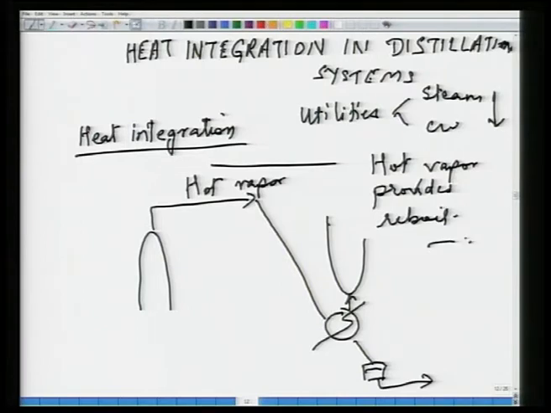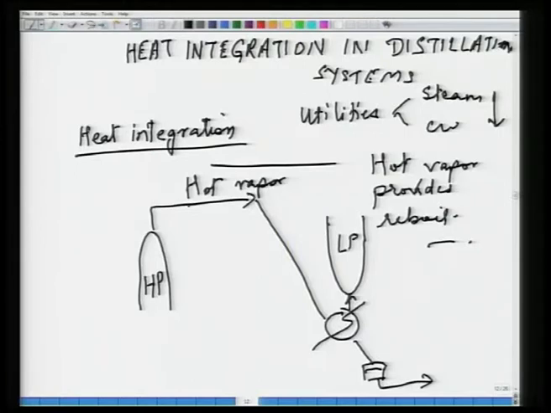Now, the most common way of making sure that the vapor is hot enough is to ensure that the column from which the hot vapor is coming is operated at a high pressure, and this one is at a low pressure. The higher the pressure, the higher the boiling temperature, therefore the vapor will be hot enough and there will be sufficient driving force in this reboiler, so that reboil can be provided to this column.